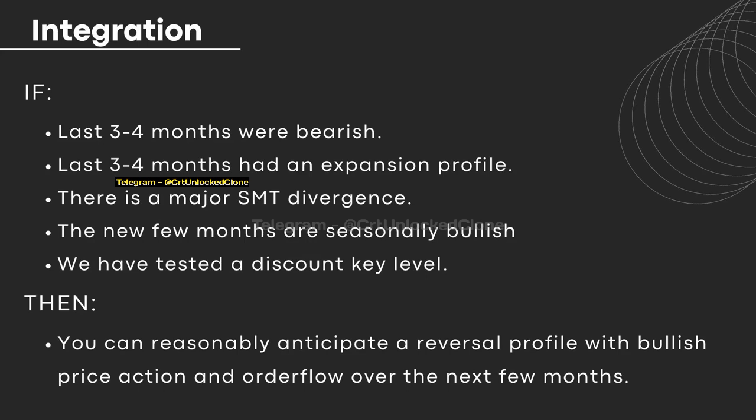Moving on, right here you can see this if-and-then logical process, right? And you're going to use this concept exactly like this. First of all, you're going to look at the if factors. So for example, in this one you can see if the last 3 to 4 months were bearish, if the last 3 months had an expansion profile, and if there is a major SMT divergence and discrepancy and non-symmetry in price, and if the next few months are seasonally bullish, and if we have tested a discount key level, then based on all of these factors and aspects, the most likely outcome for price is a reversal profile with bullish price action, right?